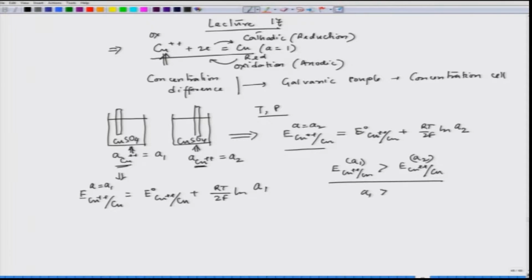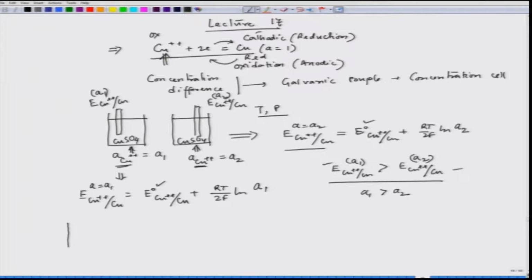When A1 is greater than A2, because the other terms are the same for both the cases. So, once we have a difference in concentration of copper ions in both the half cells, the potential at the electrode with activity A1 becomes positive compared to the other.